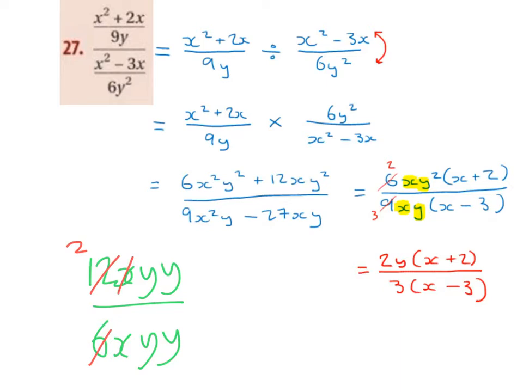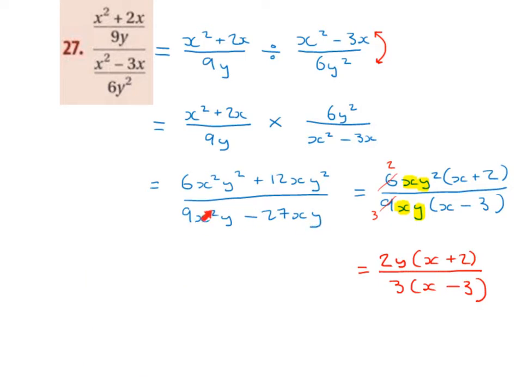That x will cancel with that x, that y will cancel with that y, and that y will cancel with that y. So that's how we end up with 2 inside the brackets. So 12xy squared divided by 6xy squared leaves us with 2. So factorizing this numerator leaves us with 6xy squared times (x plus 2).